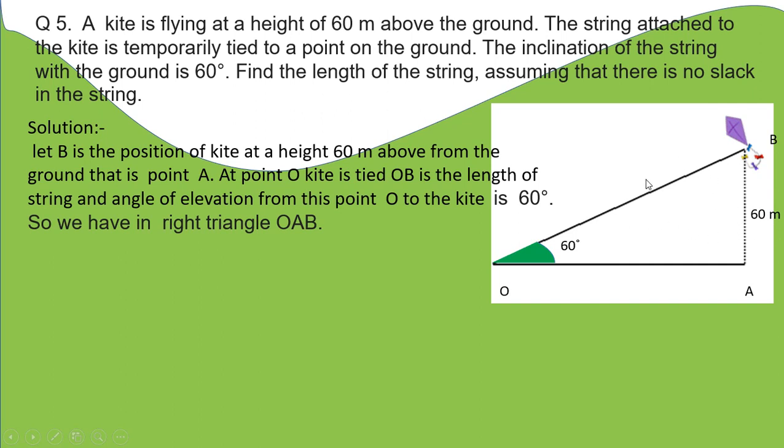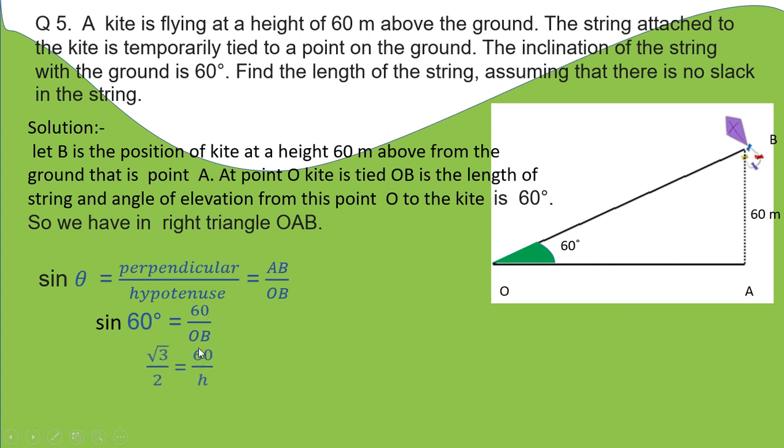We have sine theta is perpendicular upon hypotenuse. So by using the sine ratio, we can write AB upon OB, and by putting the value, sine 60 degrees is equal to 60 upon OB, and sine 60 degrees is equal to root 3 by 2, so root 3 by 2 is equal to 60 upon h.